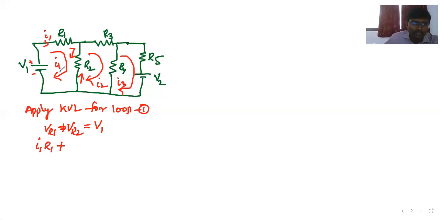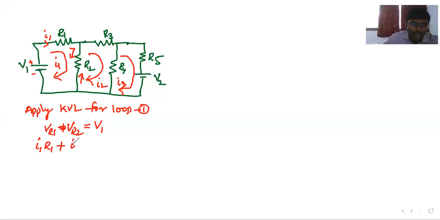While writing loop equations for any loop, consider that particular loop current is greater than the remaining loop currents. Here we are writing the loop equation for the first loop, so I1 is greater than the remaining two currents. Therefore, the current flowing through R2 is equal to I1 minus I2.